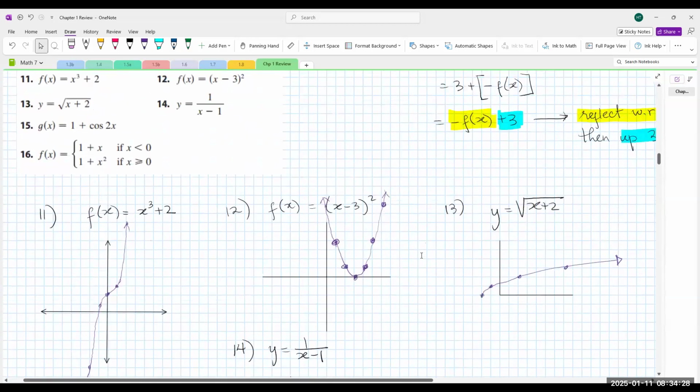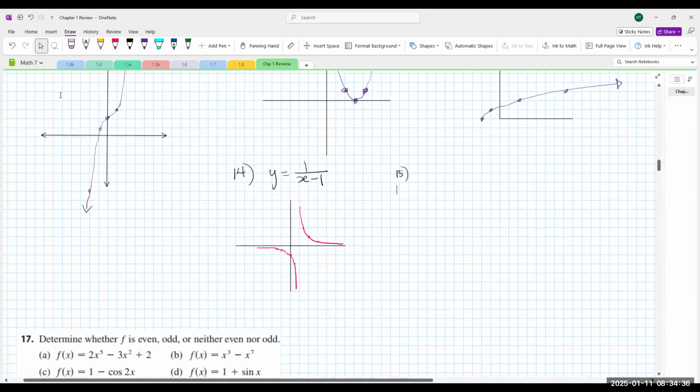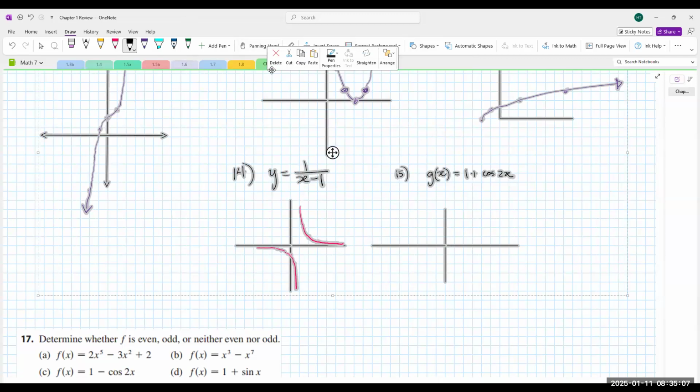Number 15, 1 plus cosine 2x. What is the function again? The name of the function is g of x. So g of x is 1 plus cosine 2x. Now cosine 2x means we shrink that by a factor of 2. So originally the graph is, let me get the coordinates.